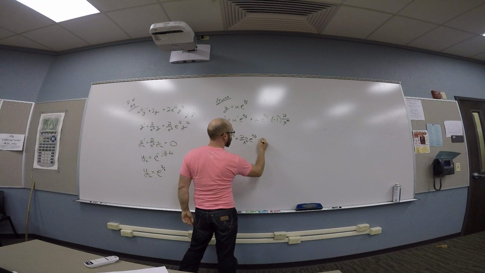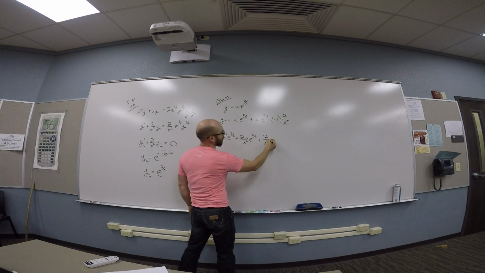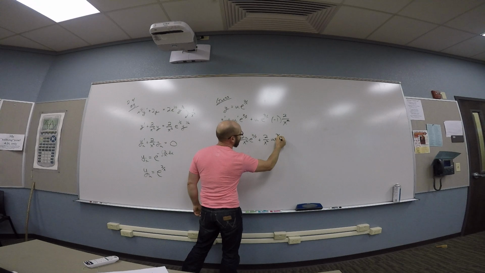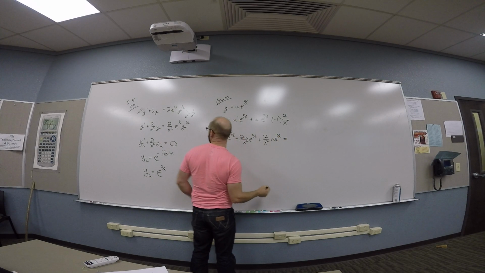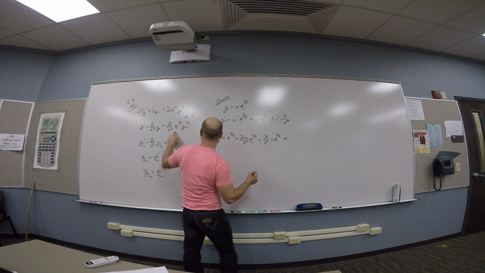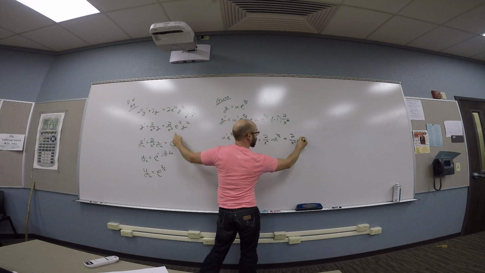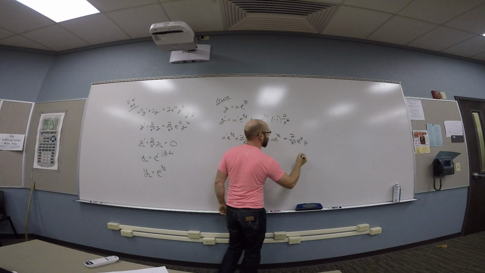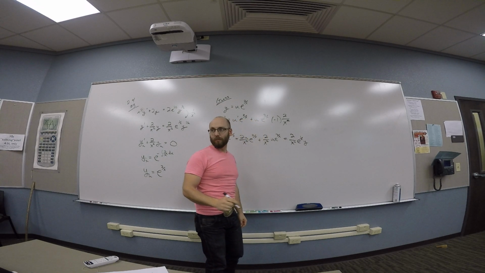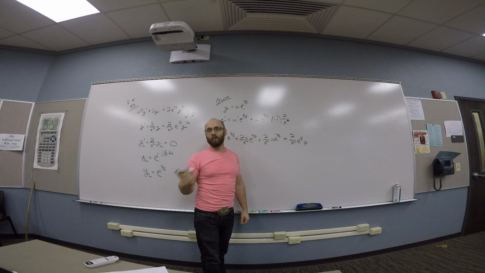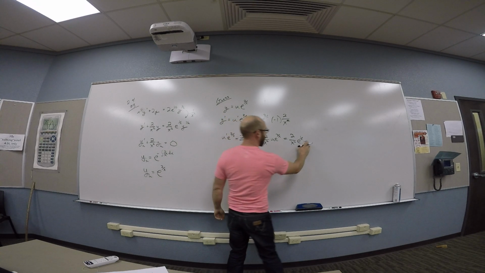And then I have a plus 2 over x squared times y, which is u e to the 2 over x. And that's supposed to equal this chunk: 2 over x squared e to the 1 over x, y to the... and this is the part I always screwed up.